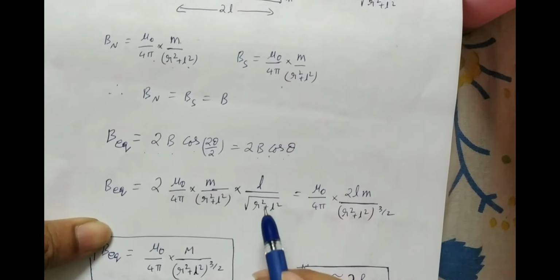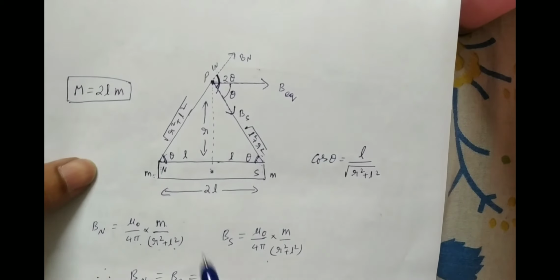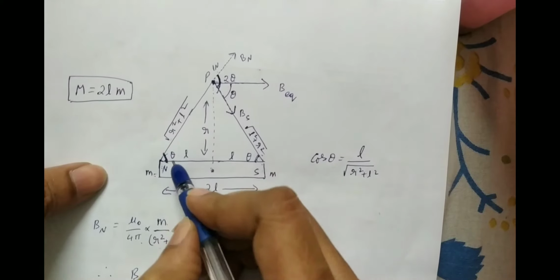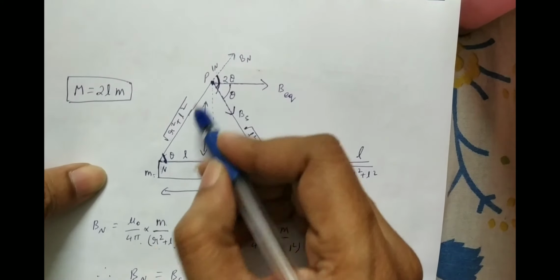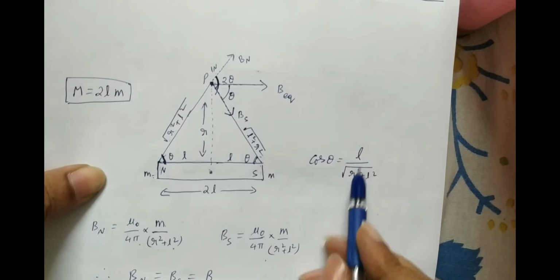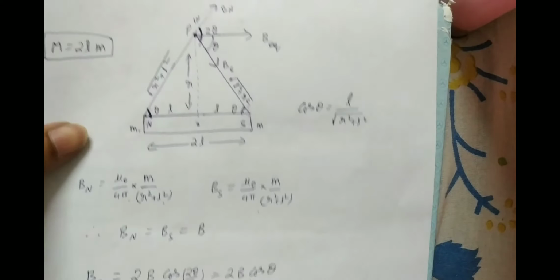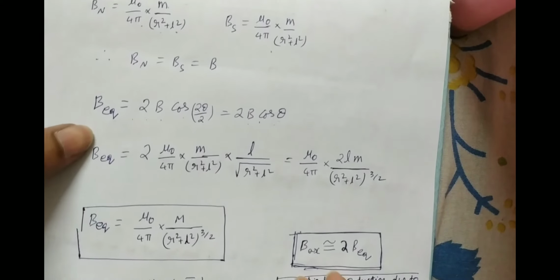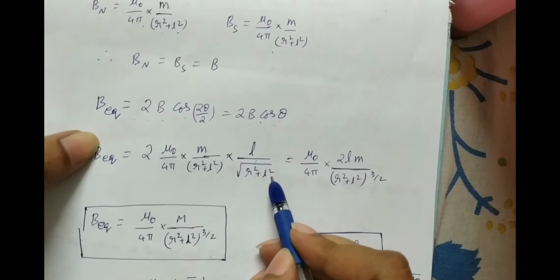And cos theta, using this isosceles triangle, use this angle. Cos theta is nothing but adjacent l by hypotenuse root over r square plus l square. So cos theta is equal to l by root over r square plus l square. This value you can substitute here, in place of cos theta take l by square root of r square plus l square.